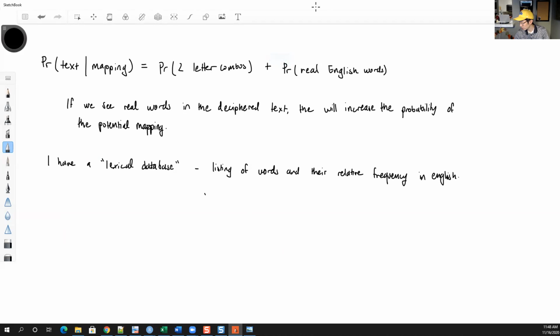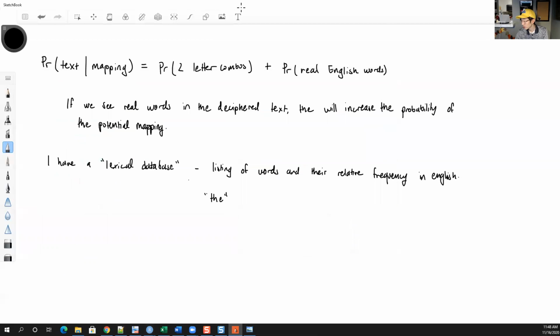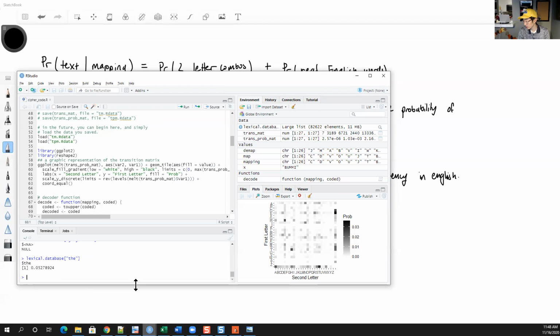Okay, so the word "the," if I look this up, I get something around 5.27%, 0.052. So that's the most probable word. And then we'll look at other words.